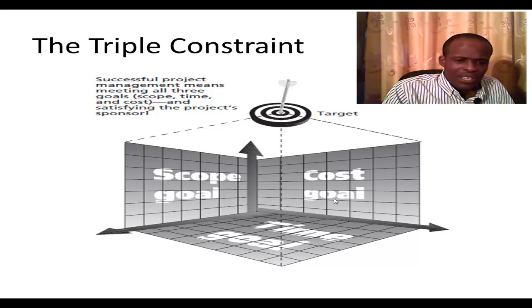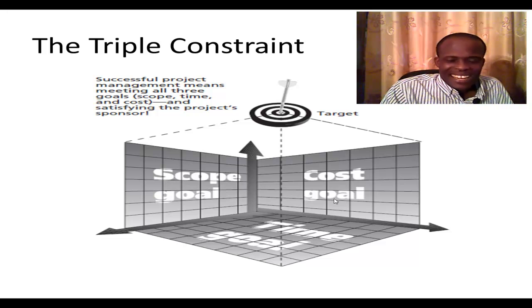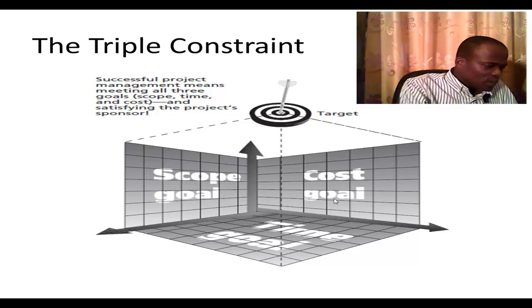And of course, there's also the element of time, because all projects must be finished within a specific timeline. If the project is unending, then it doesn't even qualify as a project. So before the project even starts, you must know whatever time constraints there are, and your duty as a project manager is to do the project within the time constraints.